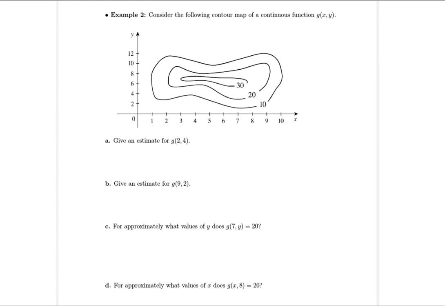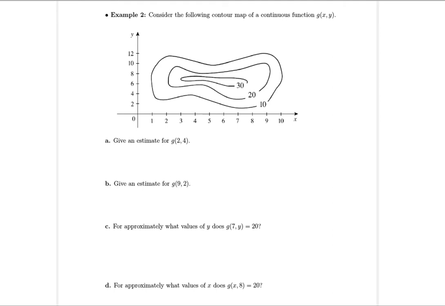You can see how fast you're going to have to climb or descend. If contour lines are really close together, you know you're going to have to climb or descend a really steep region, whereas if they're further apart, it's going to be a more gradual, easy hike.